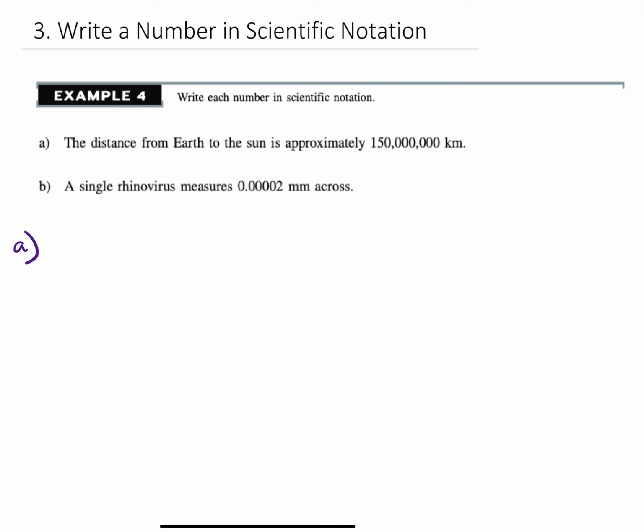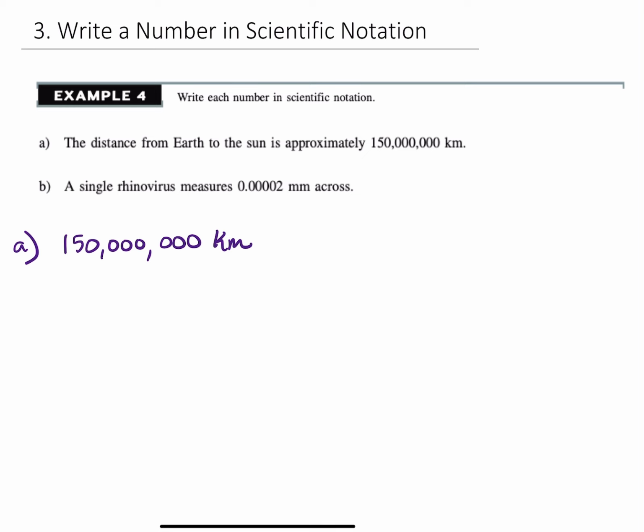It says the distance from the earth to the sun is approximately 150 million kilometers. It's a really long distance. So we want to put this into scientific notation.